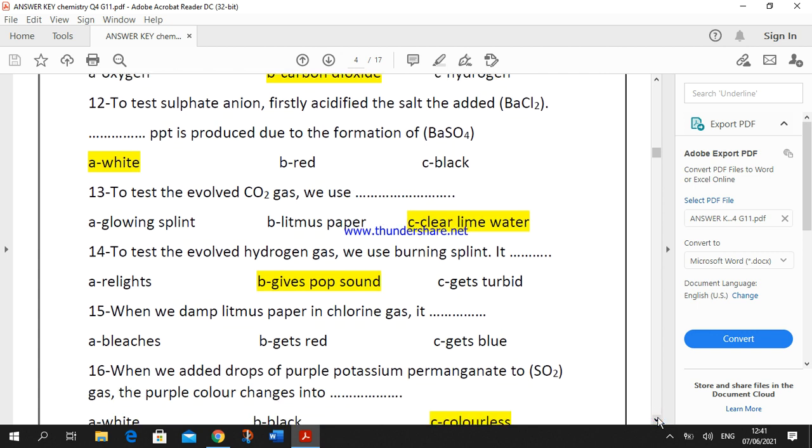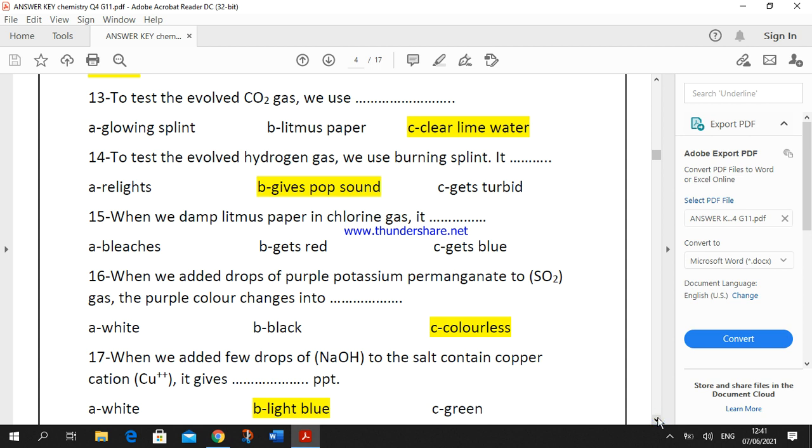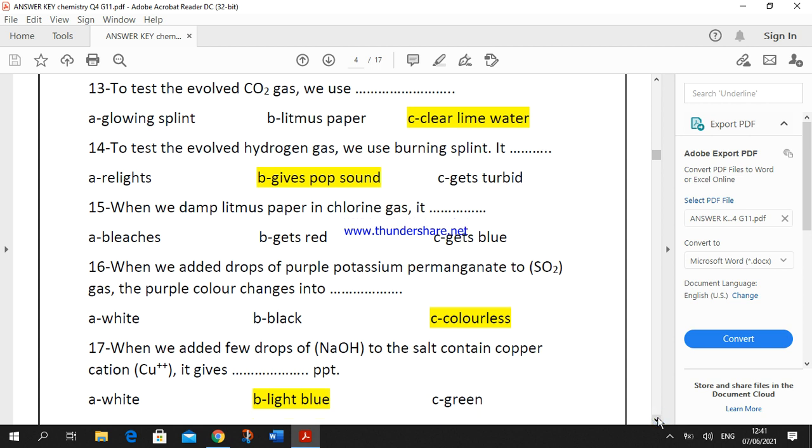To test the evolved carbon dioxide gas, we use clear lime water because carbon dioxide changes clear lime water turbid. To test the evolved hydrogen gas, we insert a burning splint in a test tube that contains hydrogen gas. It burns and gives a pop sound.